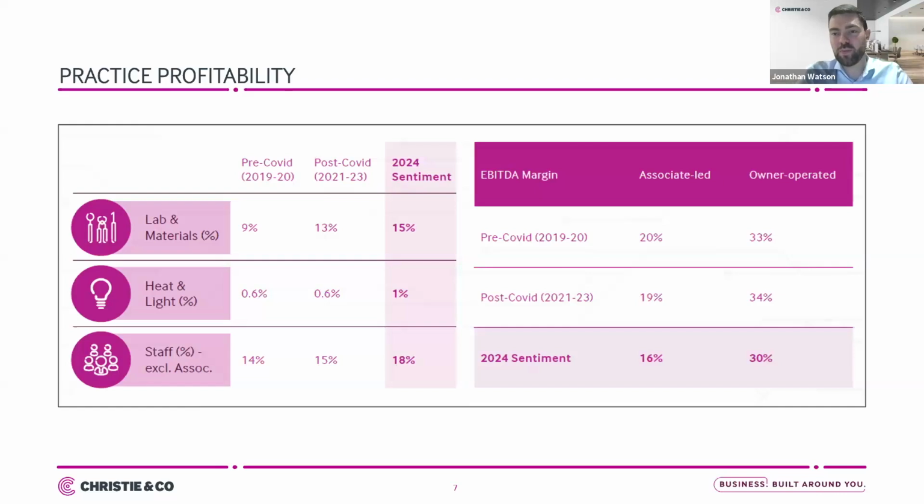Light and heat, as has been well documented, has almost doubled in cost. And as Dan mentioned again, staffing costs have pushed forwards. As I say, we've got a blend of practices through there. Historically at 14%, now looking like 18%. That's staffing costs excluding clinicians.